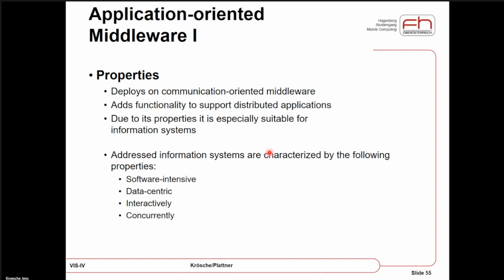So application-oriented middleware strongly aims at aspects that are supported by some kinds of frameworks. And of course, Android is the prime example at this point in time where we have a framework, inversion of control, components, extension points, and all that. And this is all part of the ideas of application-oriented middleware.